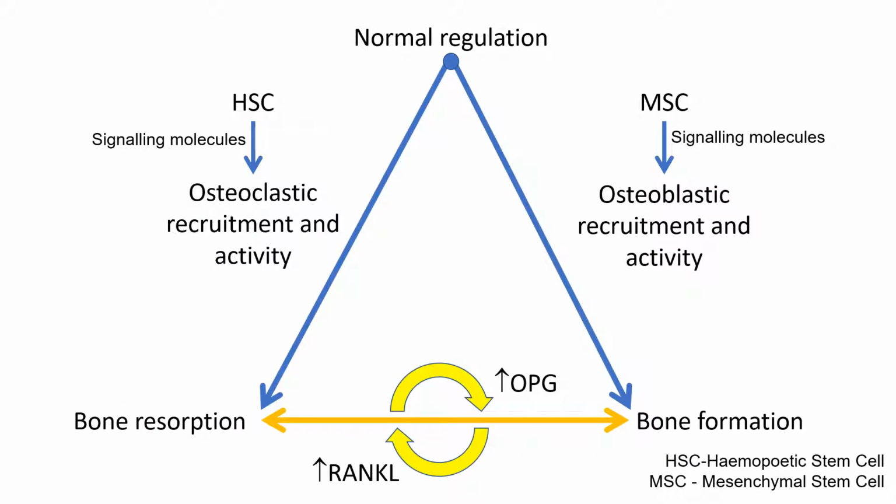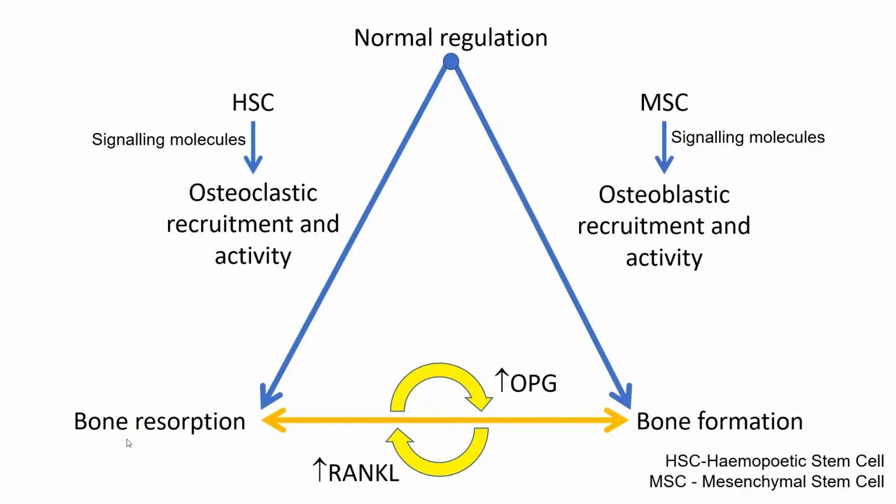So if you want to simplify this even more, we can say that mesenchymal stem cells, using signaling molecules, lead to osteoblastic recruitment and activity, and that is what is responsible for bone formation. Hematopoietic stem cells, through signaling molecules, result in osteoclastic recruitment and activity, and this is responsible for bone resorption.